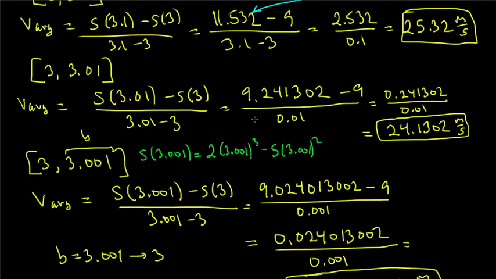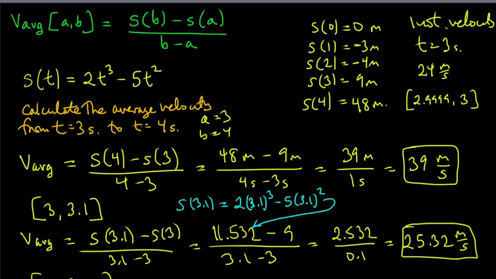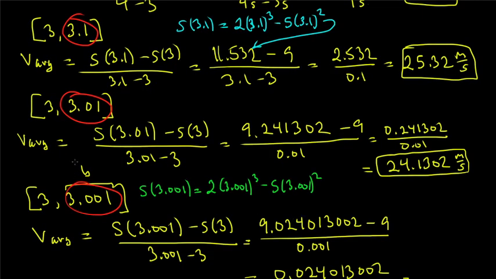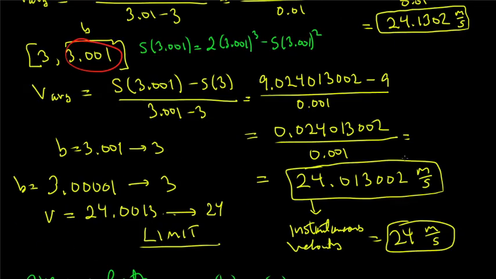So I hope this helps, at least gives you the idea for calculating average velocity. Most of the problems in the homework are calculating average velocities, and in some cases it's calculating several average velocities where the time gets close to one particular number. In this case it was 3, but it could be a different number in the homework. So I hope this helps.